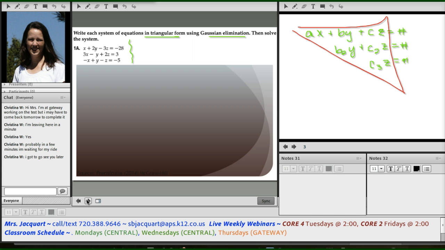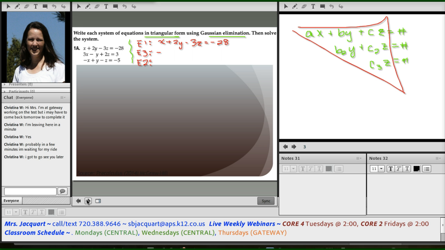Cool, so let's go back to our little problem. Watch carefully, push pause when you need to, and take notes and have lots of examples in your notes. So the first step, I'm just going to reorder my equations. I have equation 1, then I'm going to put equation 3 next, and then equation 4. Oh, just kidding, equation 2. And each time I do a next set, they reorder. So equation 1 is x plus 2y minus 3z equals negative 28.